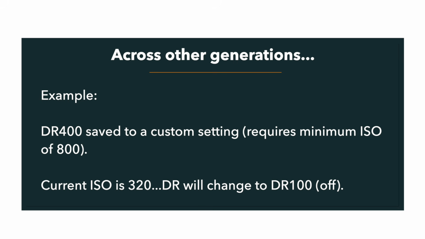All you need to make sure of is that your current ISO is high enough to use whatever dynamic range setting you have saved to the custom setting you want to use. So I hope this gives you a better understanding of how dynamic range and your ISO settings work with one another when they are saved to one of your custom recipes.